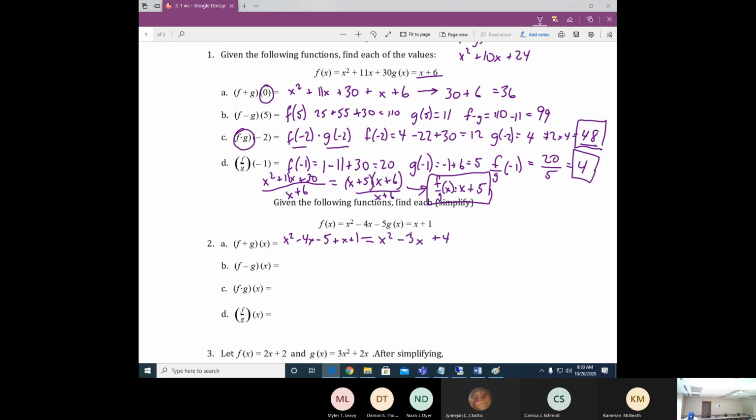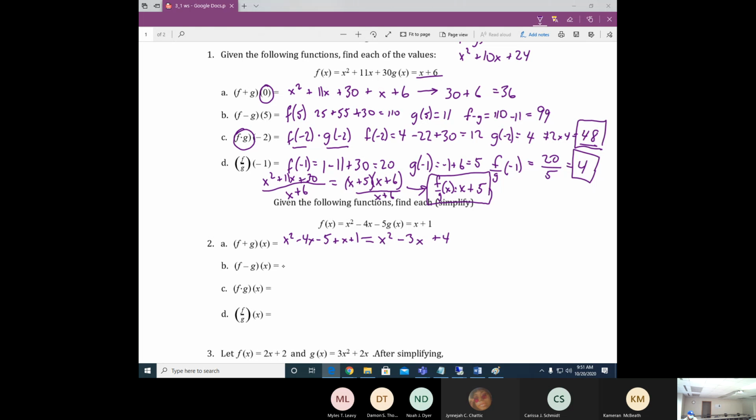Now, do we have two numbers that when added give me negative 3 and multiplied give me 4? No, but they're not asking me to factor that. We just simplify that out.